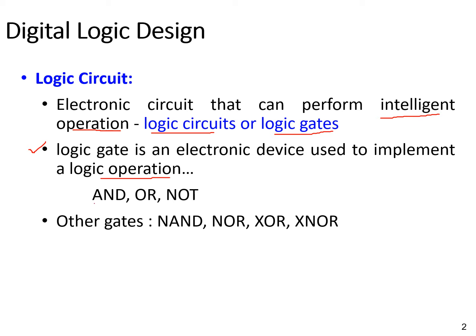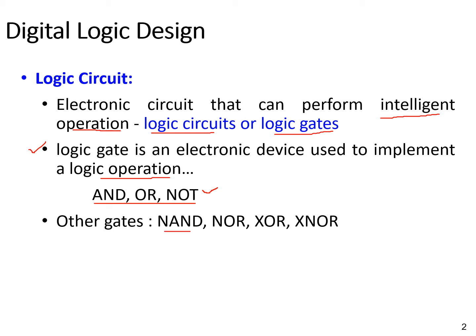There are three basic logic operations in the world of logic: the AND operation, OR operation, and NOT operation. As I mentioned in my previous lecture, this digital world is based on these three basic logic operations. But along with these, we have a few more derived logic operations.